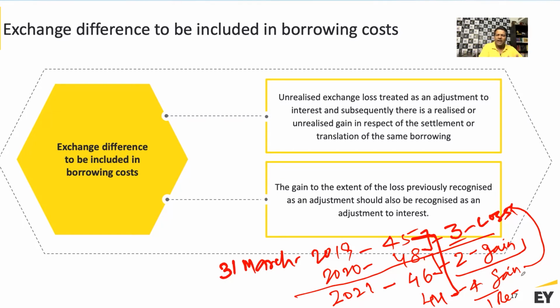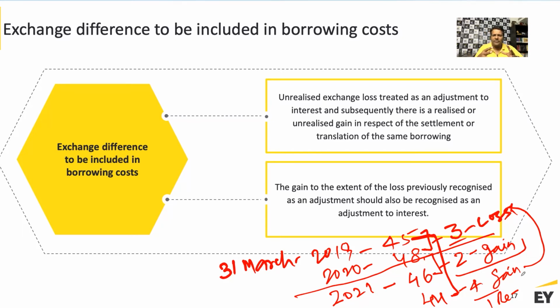And if in one accounting period you had an exchange loss, and in another accounting period that qualifying asset continues to exist in the construction phase itself, and you have a gain in the subsequent period, then the gain to the extent of the previously recorded loss should get offset against each other. Hence you're going to capitalize in one period and decapitalize in another period.